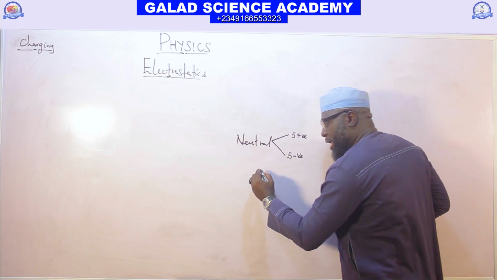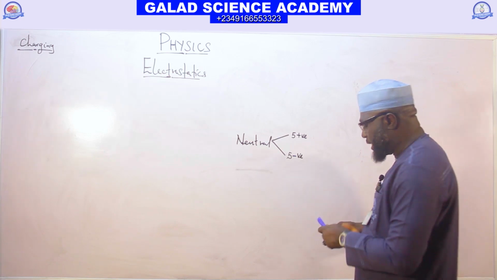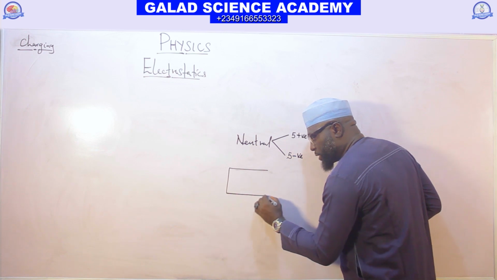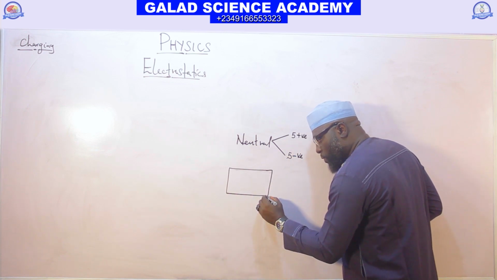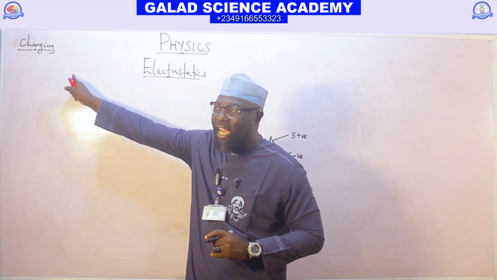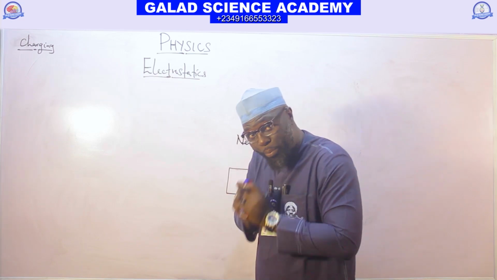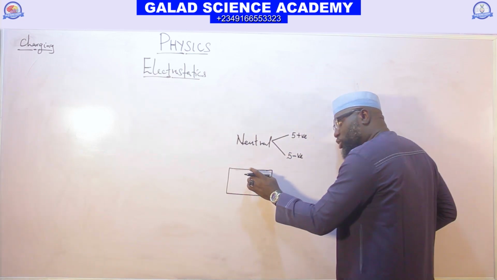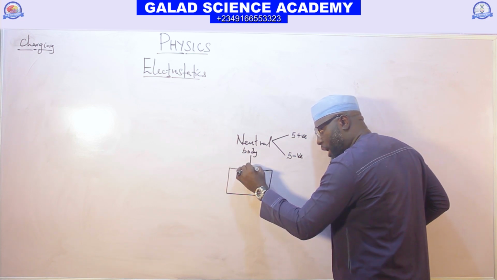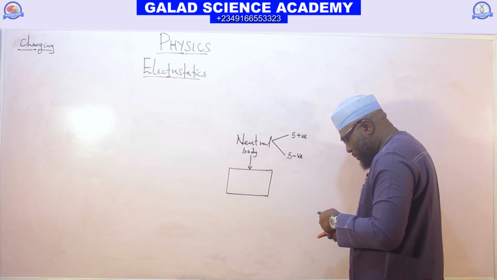Let me put it into a box here. Assume this is a neutral body. I want to explain the word charging. Before I explain the word charging, we must understand the concept behind what we call a neutral body. So this body is neutral.